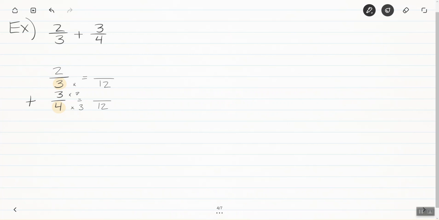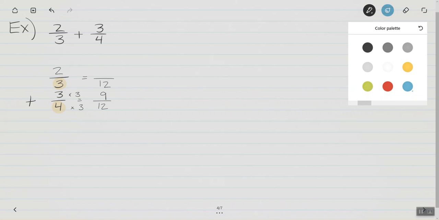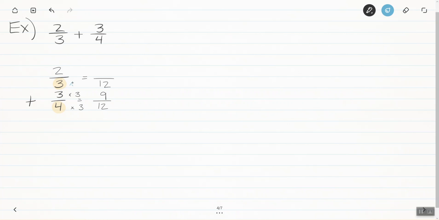So 3 times 3 then, to change my fraction, would be a 9. Now I'm going to ask myself, I'm going to change my colors. What do I need to multiply times this 3 to make 12? Well, 3 times 4 is 12, and whatever I do to the bottom, I also have to do to the top. So 2 times 4 gives me 8.